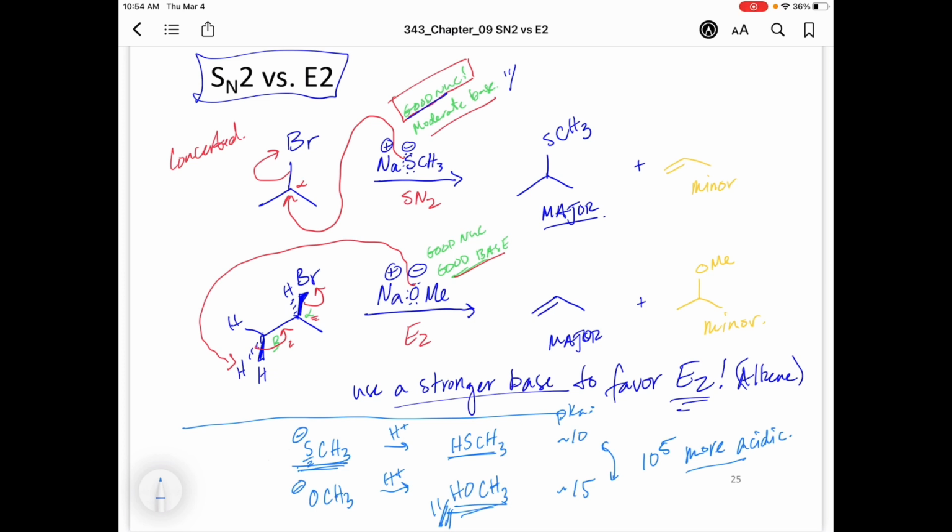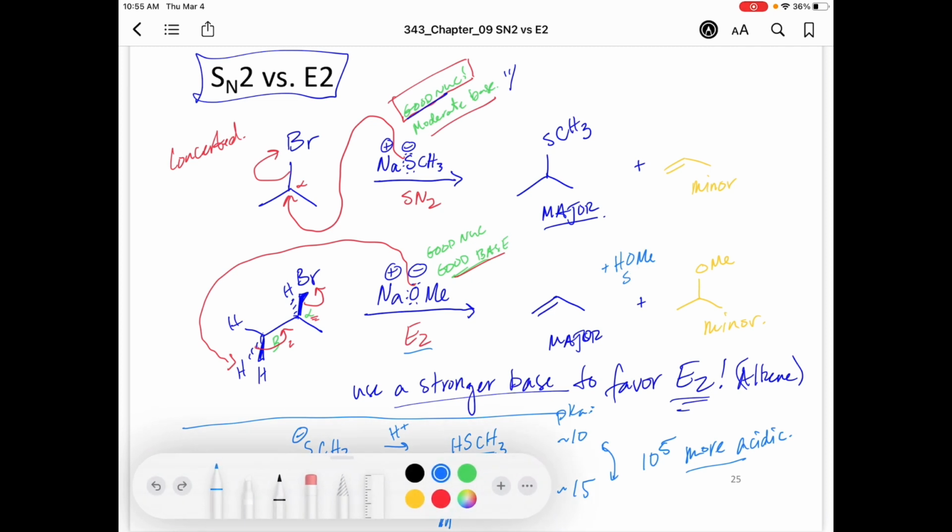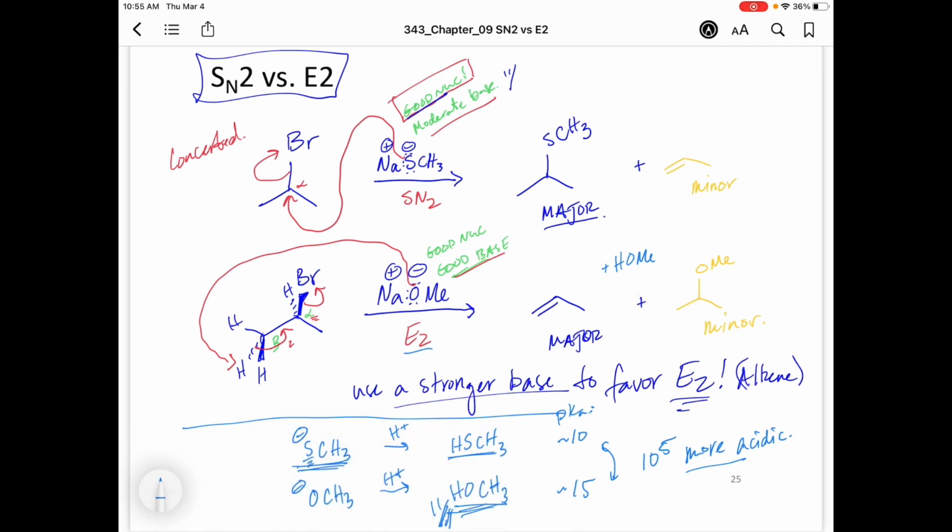Now, when we think about this in terms of SN2 versus E2, remember that for E2, we are picking up a proton. So our side product here, it's typically just a solvent, is going to be methanol. It's really more like a solvent. Now, when we deprotonate it, we're actually making a pretty low energy, weakly acidic molecule.